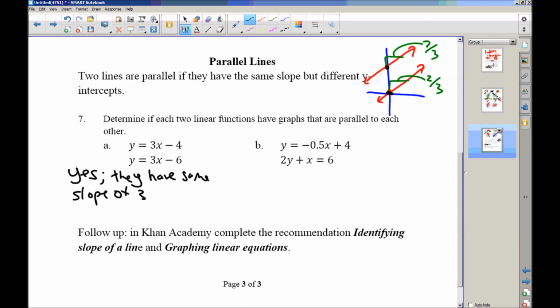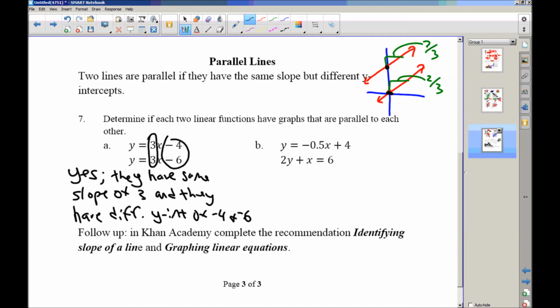And number 2, they have different y-intercepts of -4 and -6. So that's a yes because they have the same slope. Both of their slopes are 3. You can see their slopes right here. But they have different y-intercepts. So their y-intercepts are not equal.